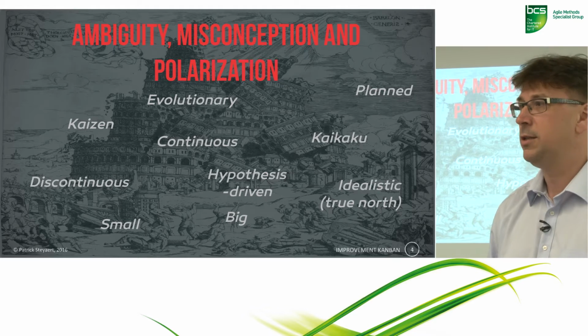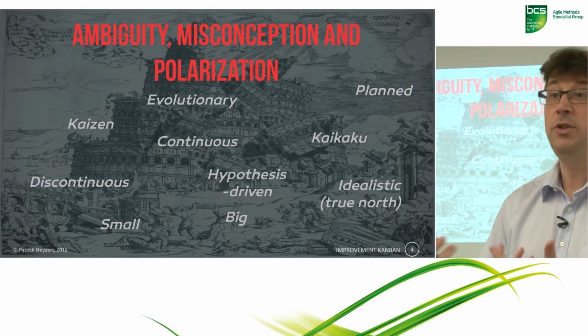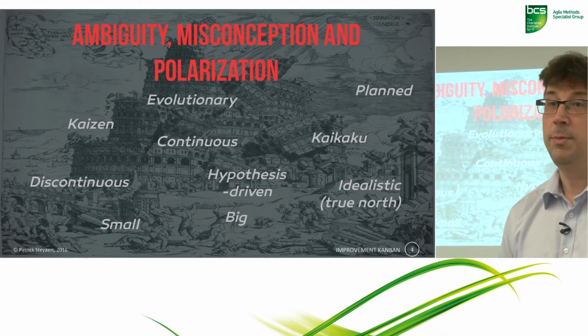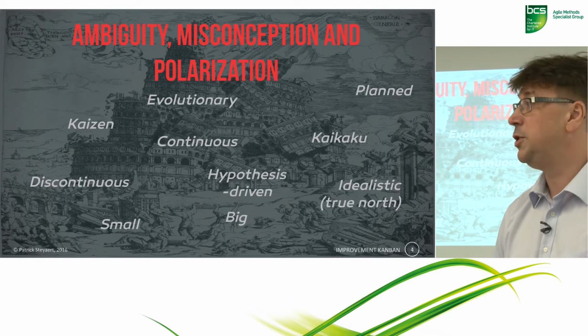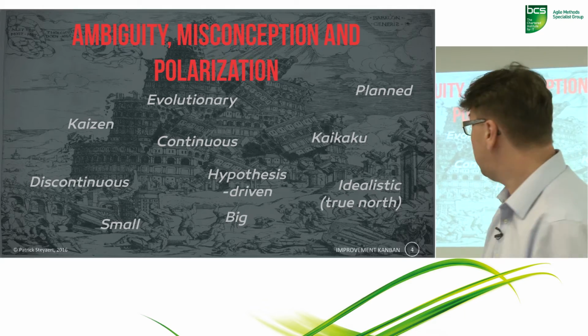Before we can start designing improvement Kanban systems to visualize and manage that change, we need to get a grip on this. We need to understand the system of change before we can design a Kanban for change.